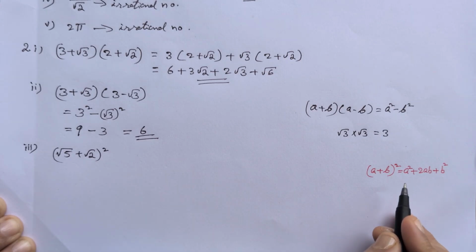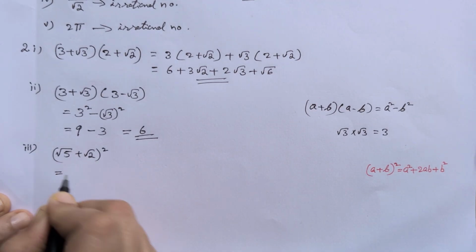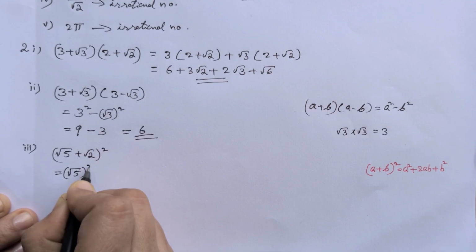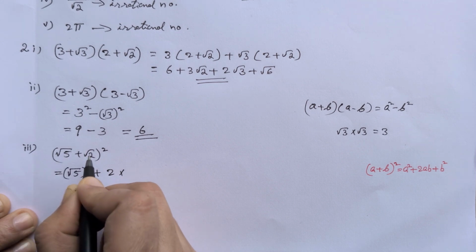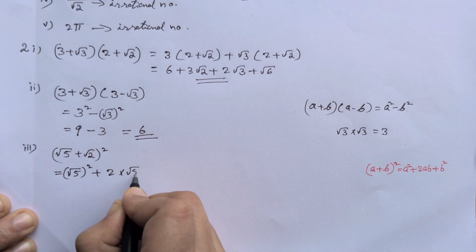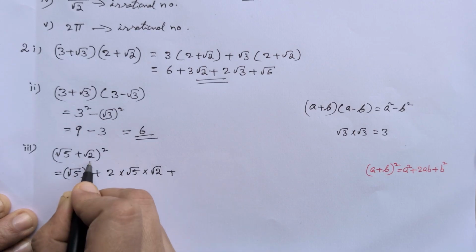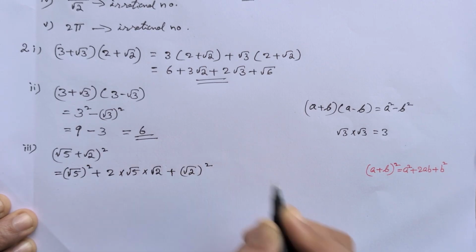So according to this identity, we can write root 5 square plus 2 into first term into second term plus second term square, root 2 square.